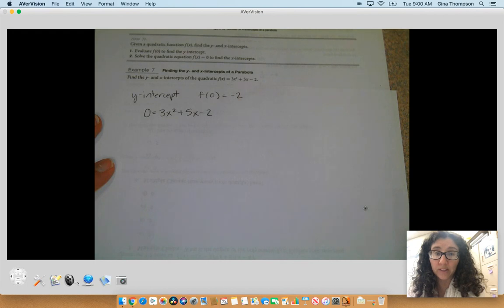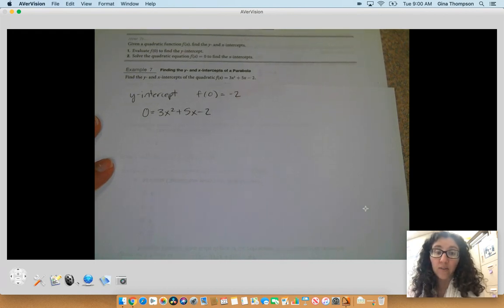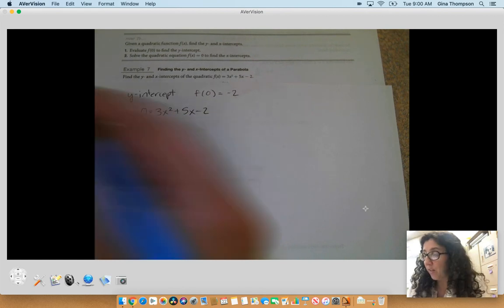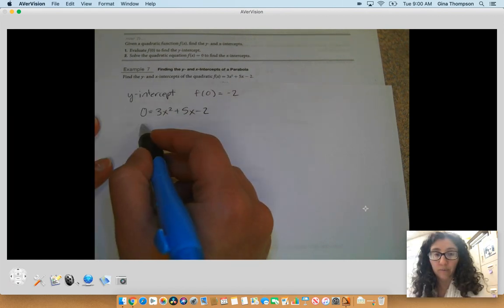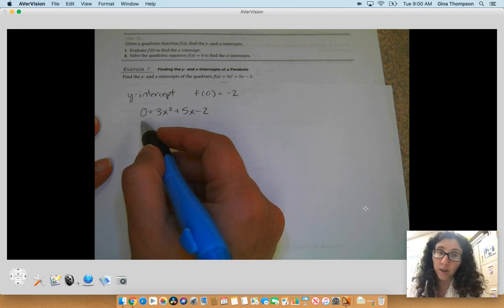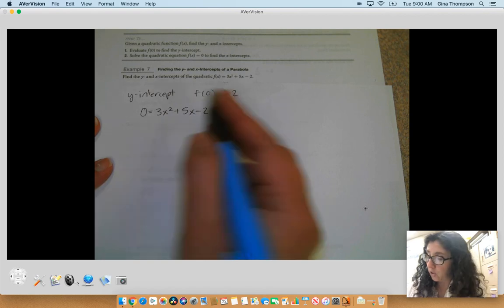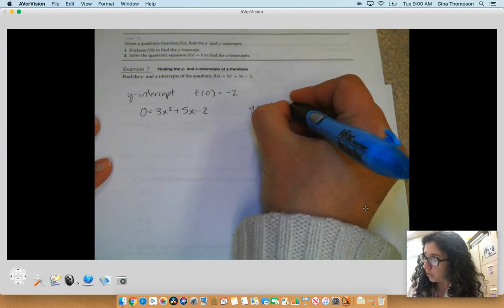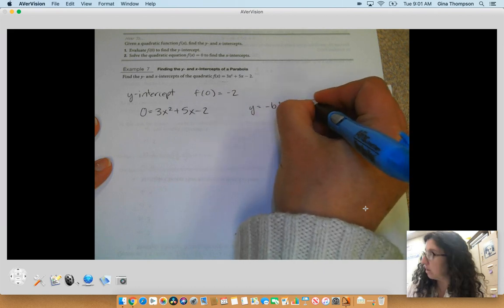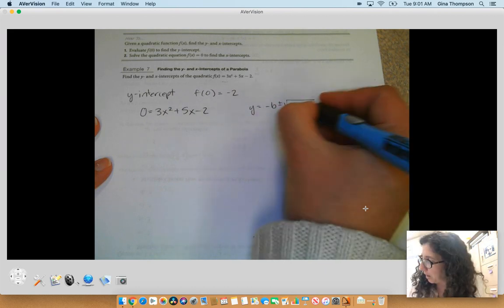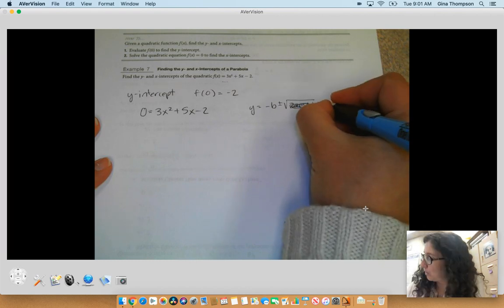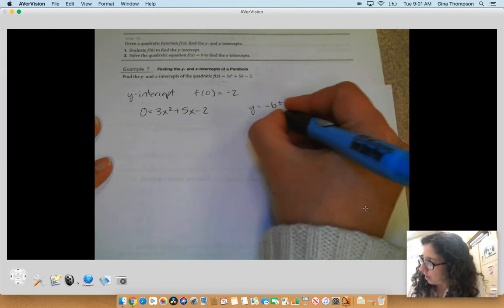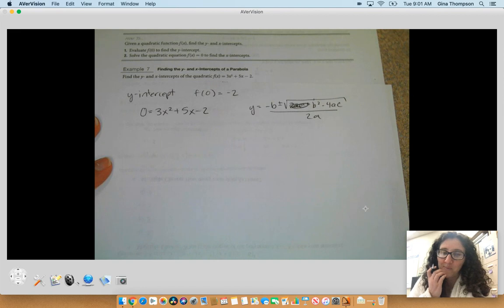There are 2 main ways we can solve this, right? One is we could factor it. If it can easily be factored, we can factor this and set the factors equal to 0. Sometimes that works, sometimes it doesn't. It always works to use the quadratic formula, right? x equals minus b plus or minus the square root of b squared minus 4ac all over 2a, right?